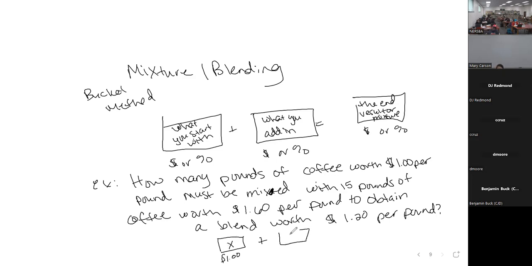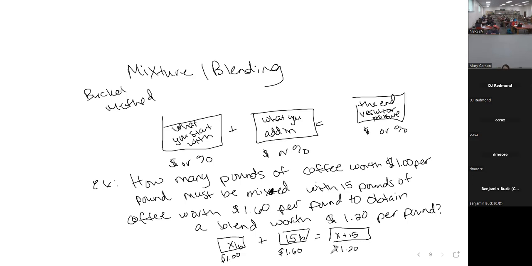Plus, we're mixing it with 15 pounds of some kind of coffee. So 15 goes here, and that's going to be worth $1.60 per pound. And then it's blended together, so that means the x plus the 15 to give you $1.20 per pound.